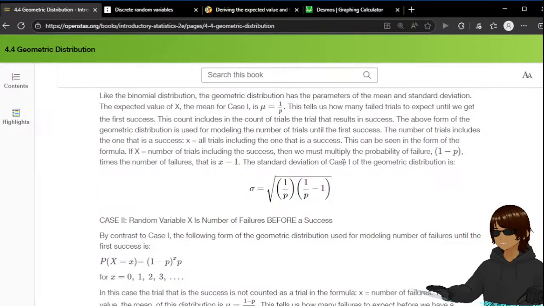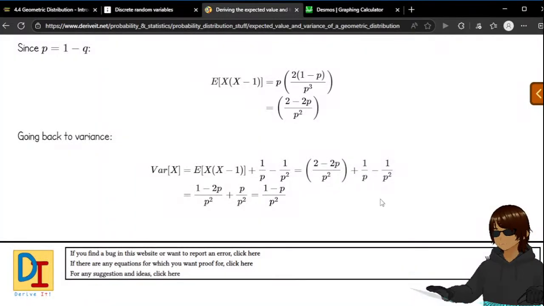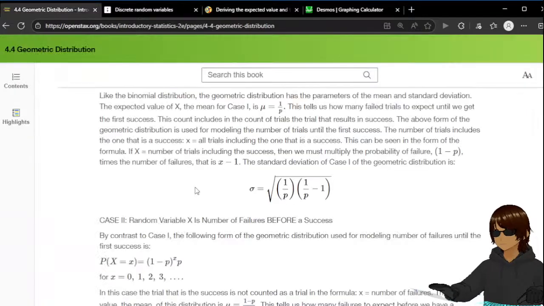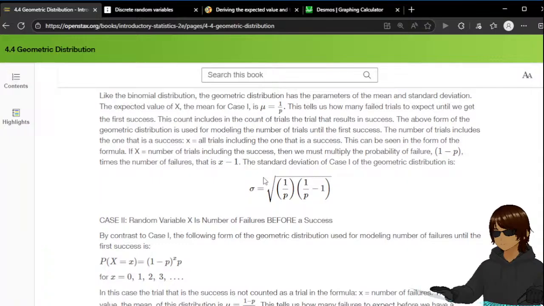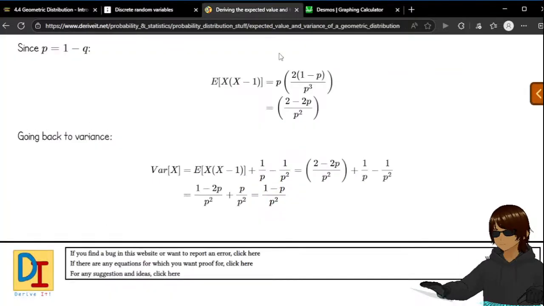Standard deviation is 1 over p, 1 over p minus 1. Yeah, the variance matches.